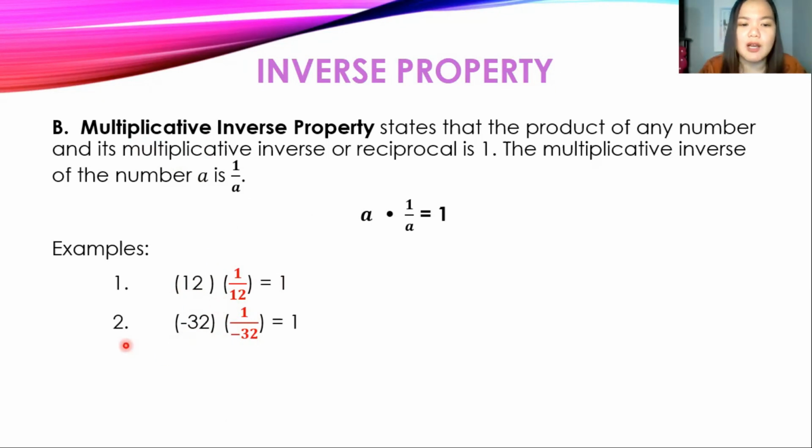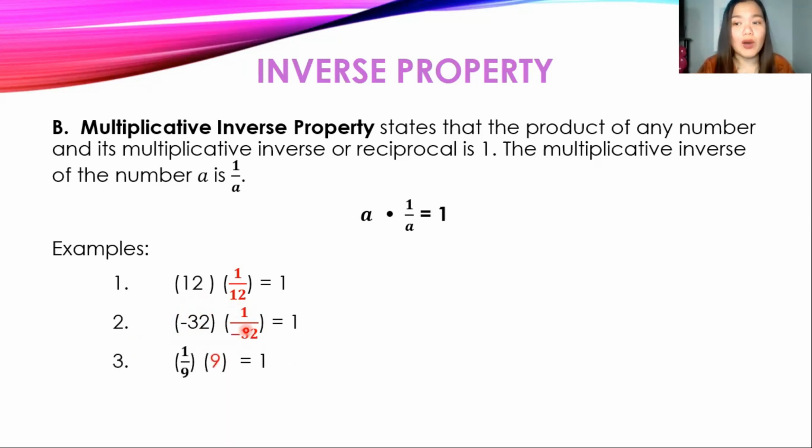So in example number 2, you have negative 32. Your negative 32 is just an integer. But we know that above it is 1, imaginarily. Therefore, if you get the reciprocal, you will have 1 over negative 32. So if you multiply those two, you have 1.